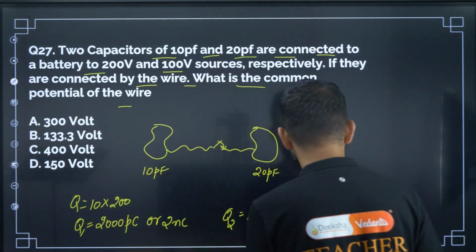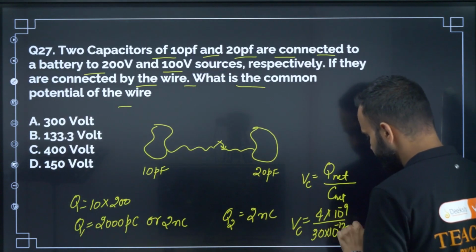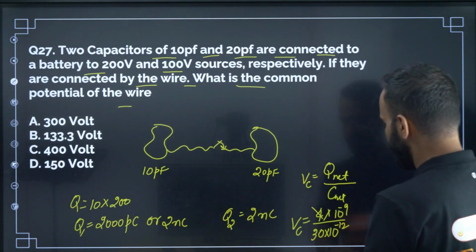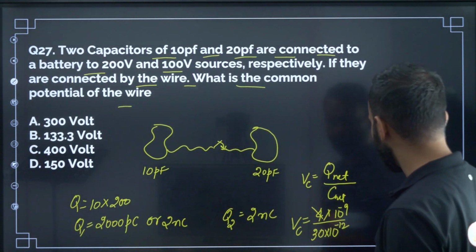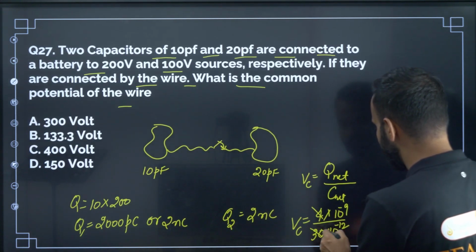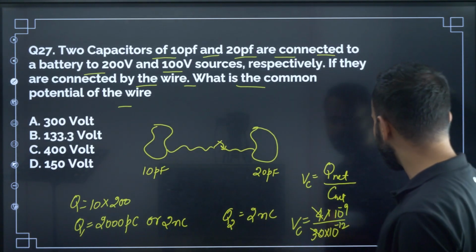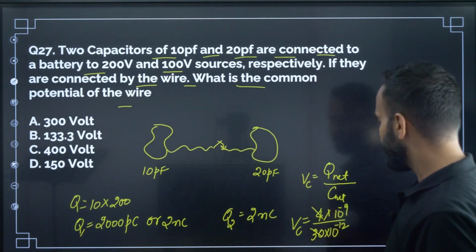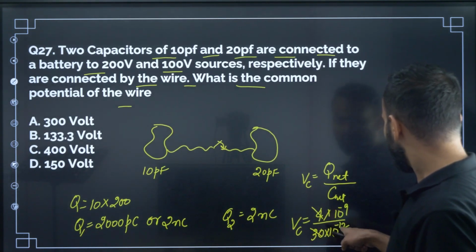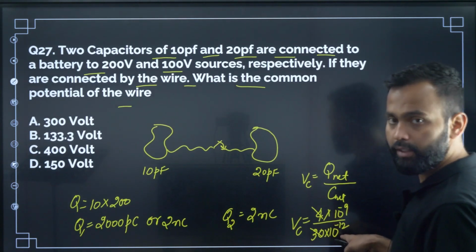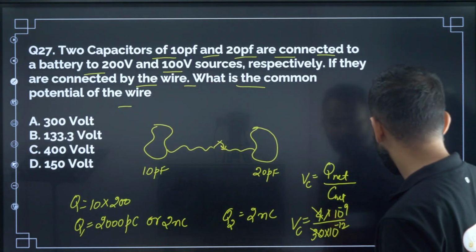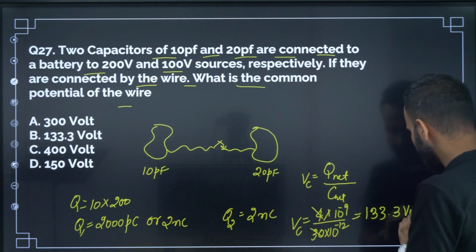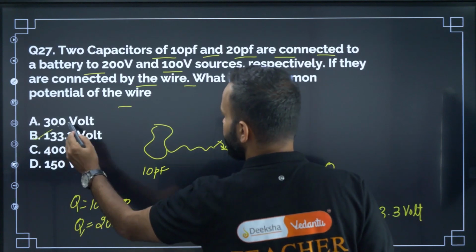Now this will be 4 divided by 30. 4 divided by 3 is 1.333, so this is 10 to the power minus 11. 10 to the power minus 9 by 10 to the power minus 11 is 10 to the power 2, so this will be equal to 133.3 volt. So the correct option is B.